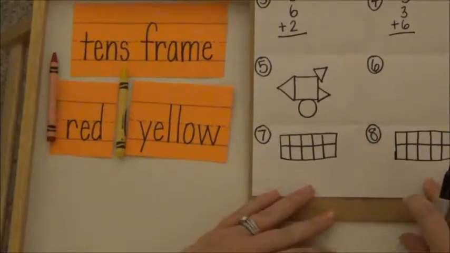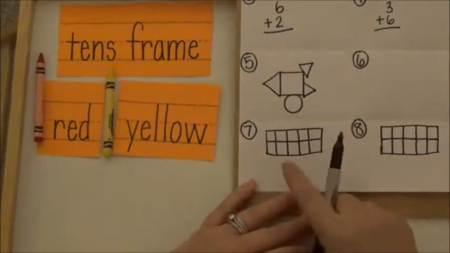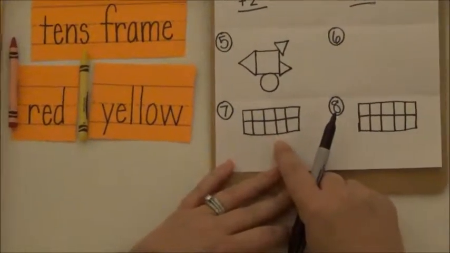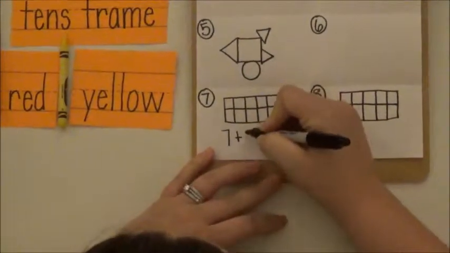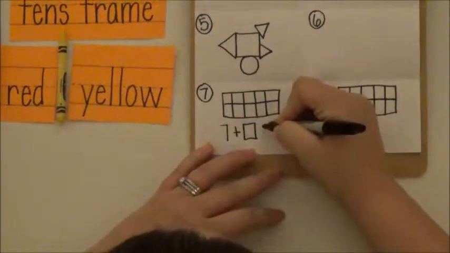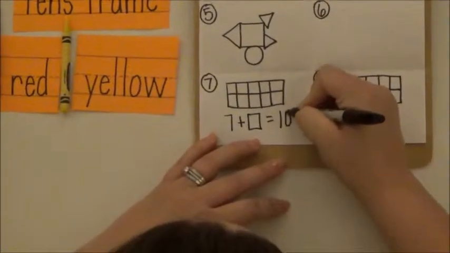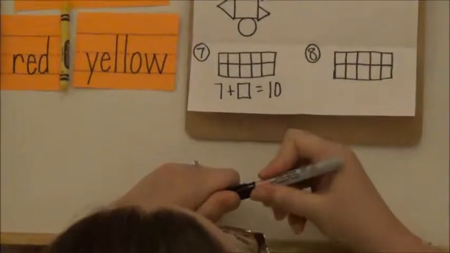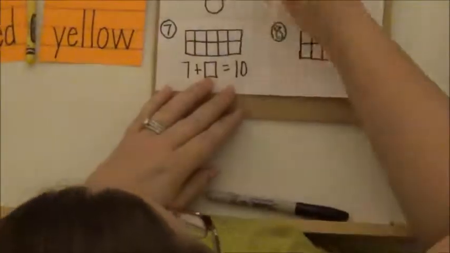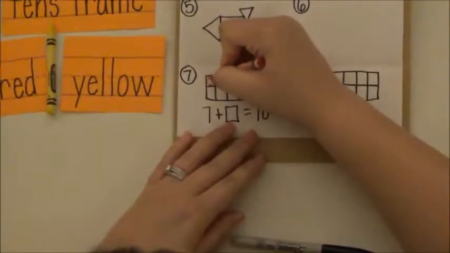We're going to do some missing addend problems. With this problem over here, I want you to do 7 plus something equals 10. You're going to color in 7 circles.